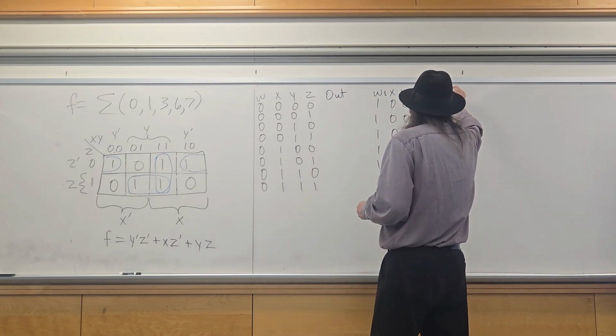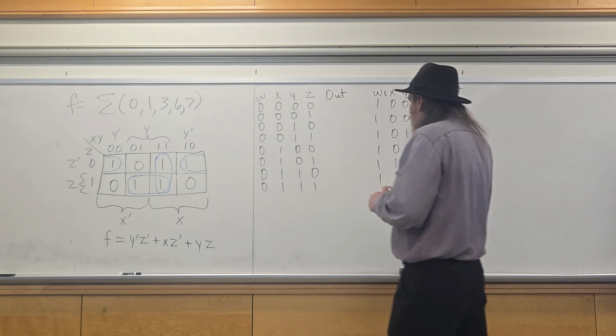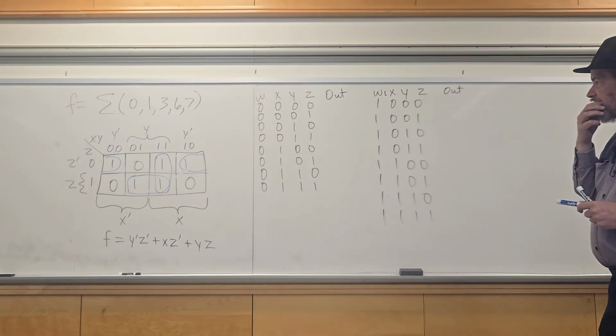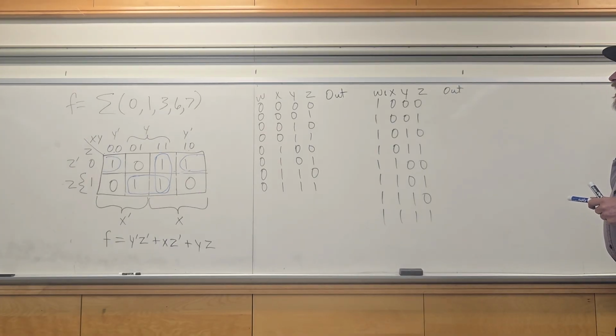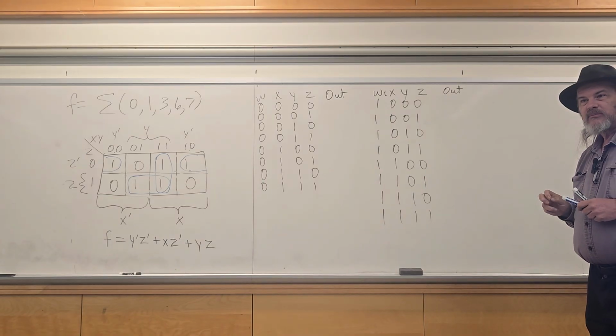And out again here. So we have 16 inputs, or 16 combinations of inputs. What would the configuration of the K-map be, do you think?